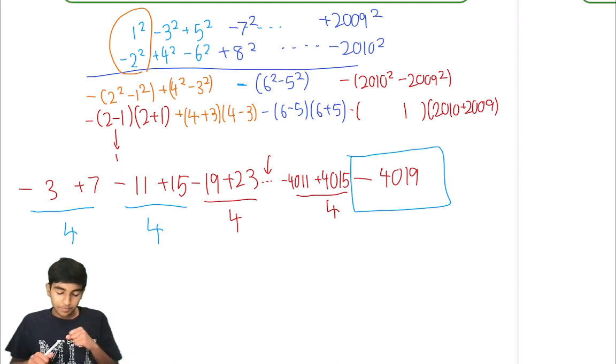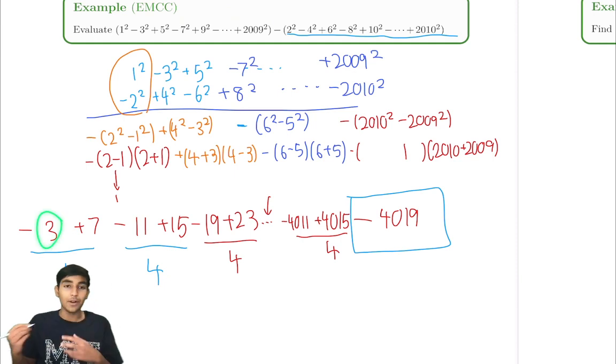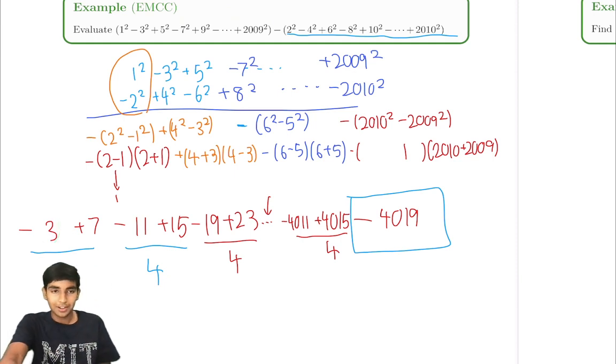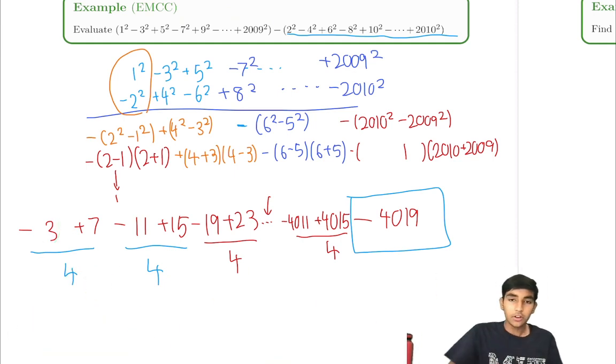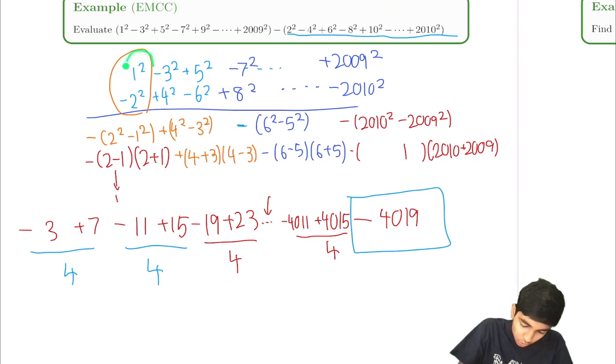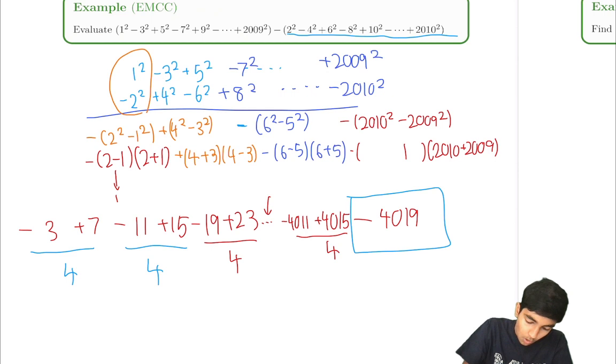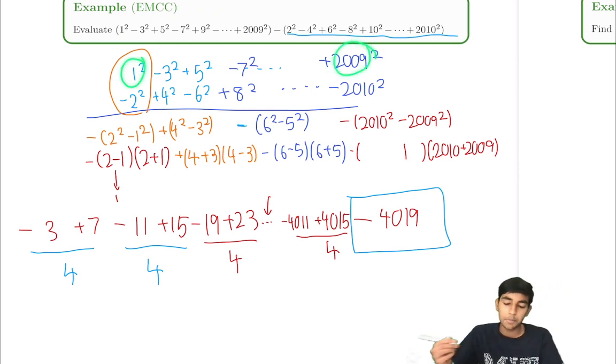So to do that, let's first explore how many such terms we had originally in the sequence. Oh, my head is locking. Sorry. Okay, so notice how many of these square terms do we have? Notice how it includes all the numbers from 1 to 2009, all the odd numbers.